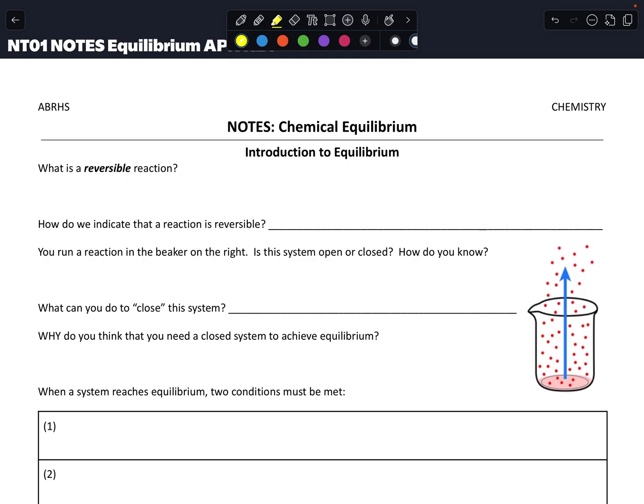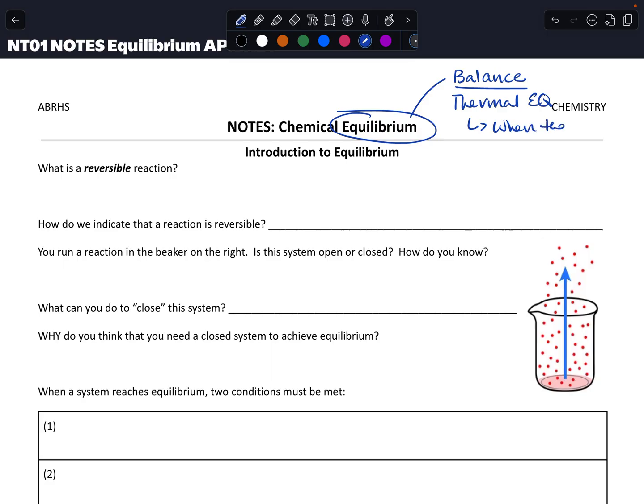All right, we're going to start with an introduction to equilibrium, but just as a reminder, we've talked about the idea of equilibrium in other areas, and generally I think of it as balance. We're going to talk a little bit about what that means in terms of chemical equilibrium, but most recently we did discuss thermal equilibrium, and that was when the flow of energy stops between objects.